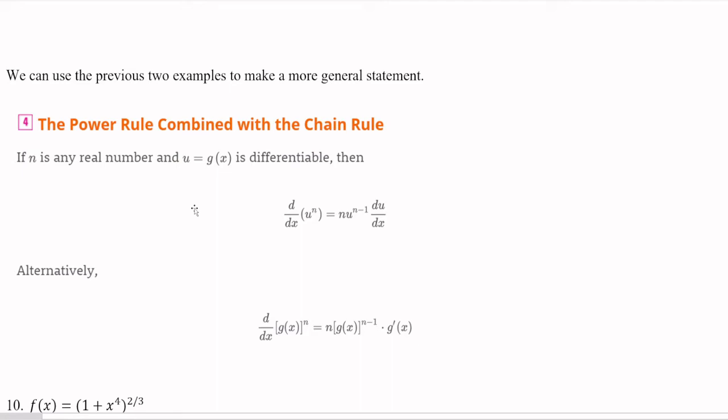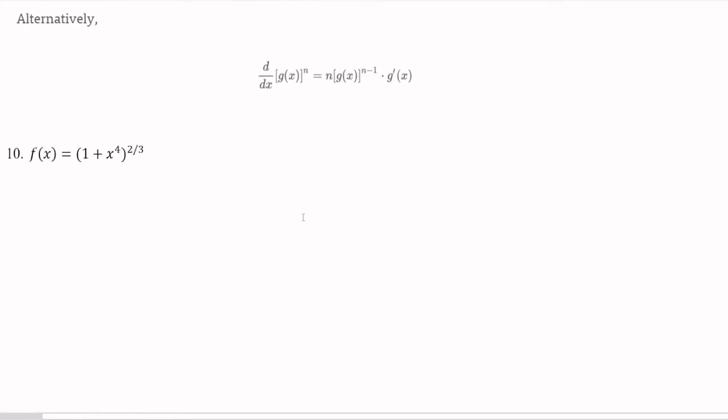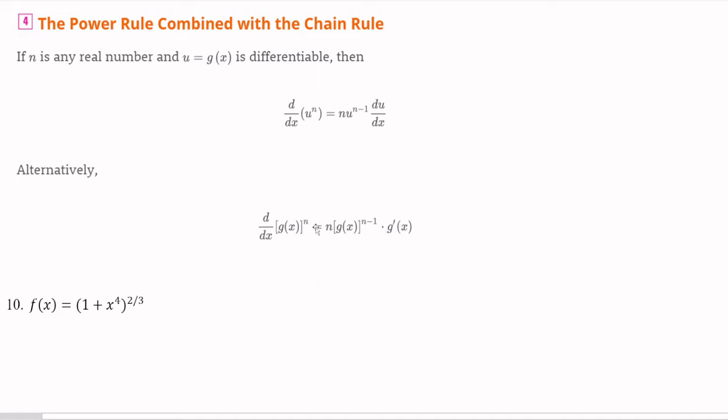So here is a way to think about this after you've practiced it more that is like a shortcut, okay? So you could see the general idea here.